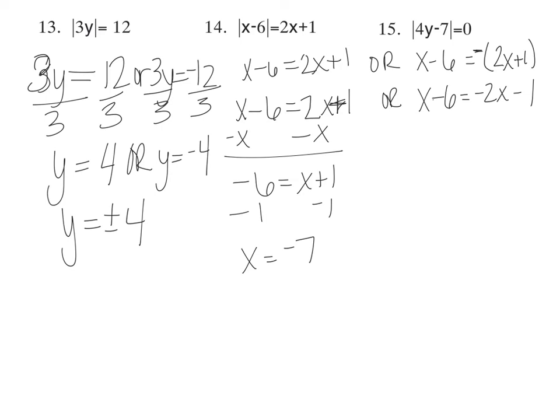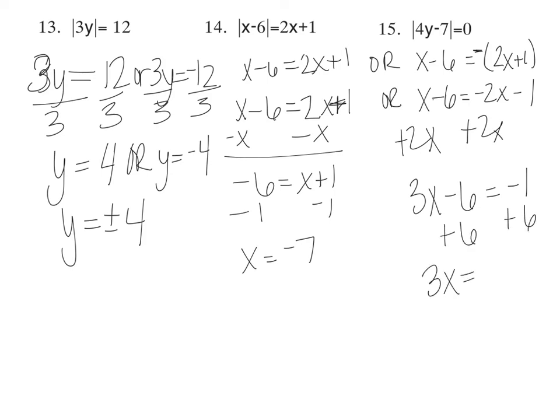So then I can add 2x here. So 3x minus 6 equals negative 1. Add 6 and 3x equals 5. Divide by 3, and x is 5/3. So we have two answers, negative 7 and 5/3.